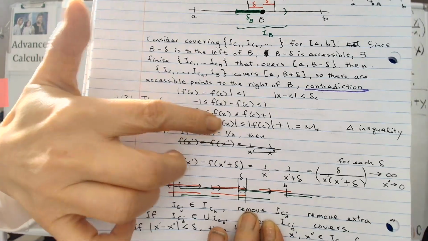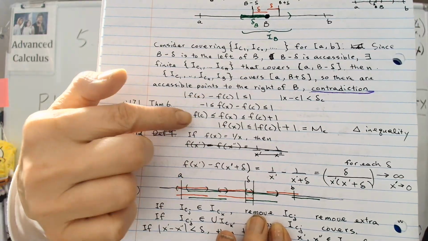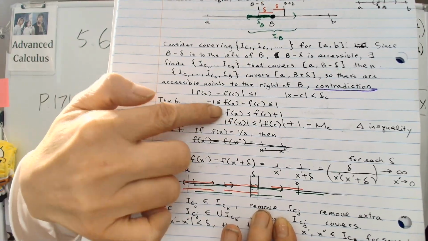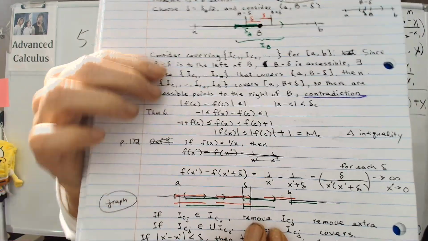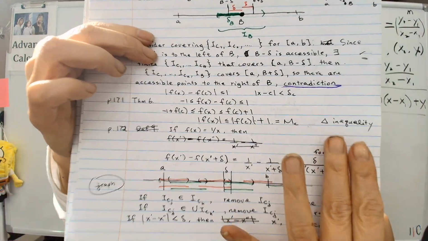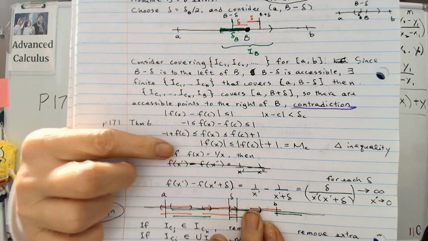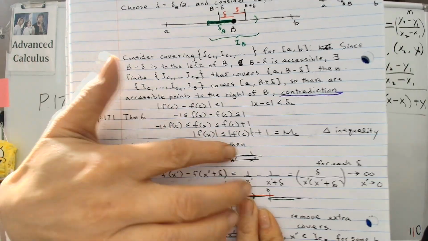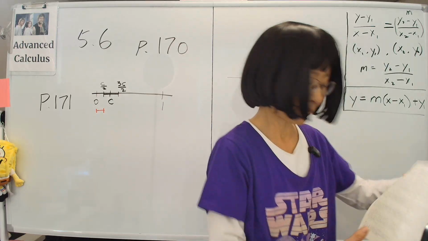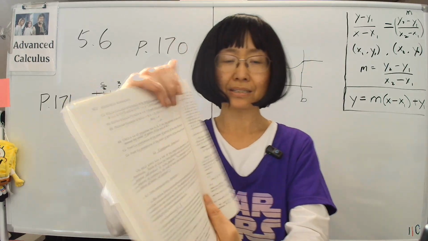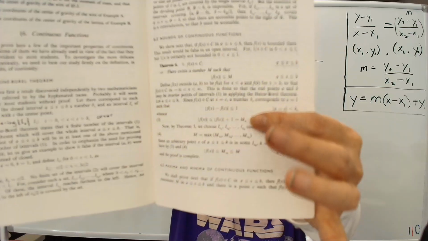We end up with this, and then by the triangle inequality rule, that makes sense. If you slap it on there, then this will be less than or equal to that, which is M of c, just like the book says. So that's how the inequality translated from here to here.